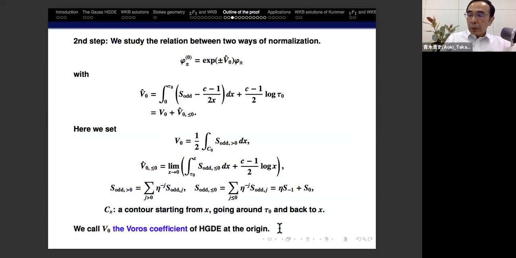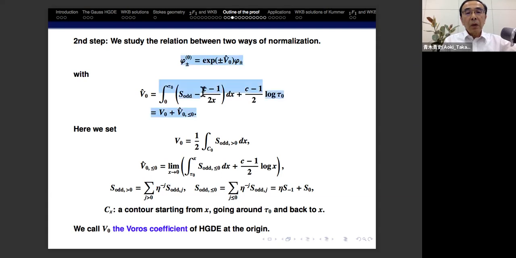And second step, we compare the two normalizations: normalized at the origin and normalized at the simple turning point. Formally, this is connected by the exponential of this integral.